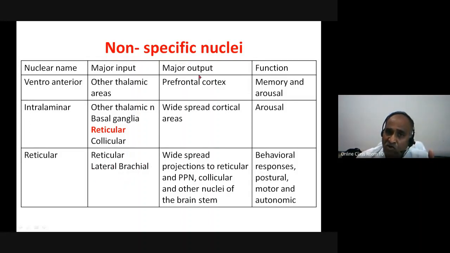And the output is again a widespread projection to the reticular system, the pedunculopontine nucleus, the collicular and other nuclei of the brainstem, again stimulating those areas to produce behavioral responses in terms of posture, motor, and autonomic alterations. That is about the non-specific nuclei.